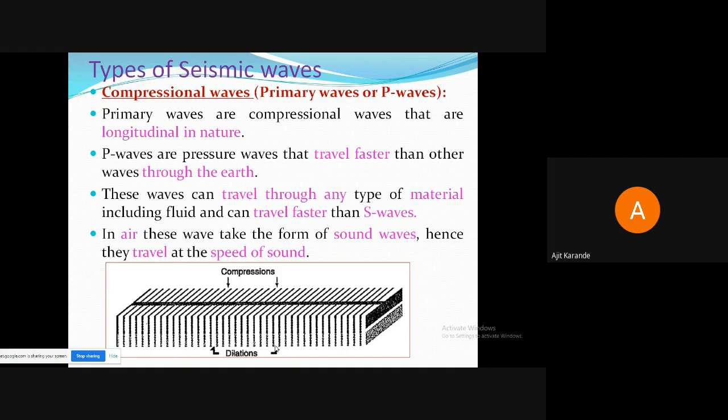Okay, so these are all the properties of P waves, or compressional waves.